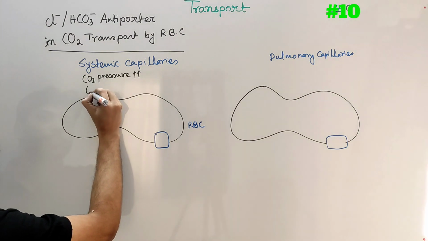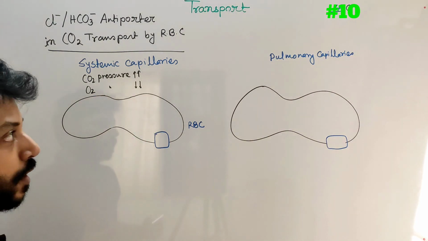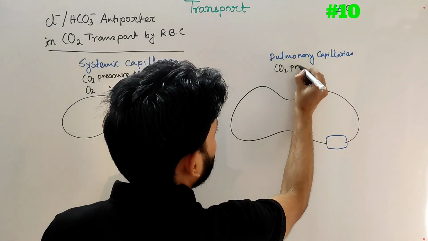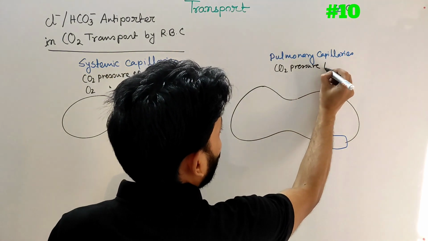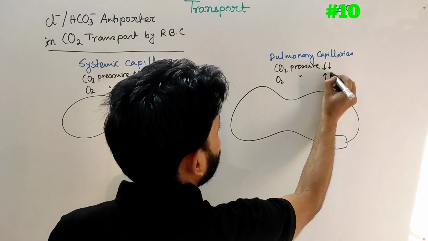And the opposite is true, that is, oxygen pressure is low here. In case of pulmonary capillaries, the carbon dioxide pressure is low and oxygen pressure is high.